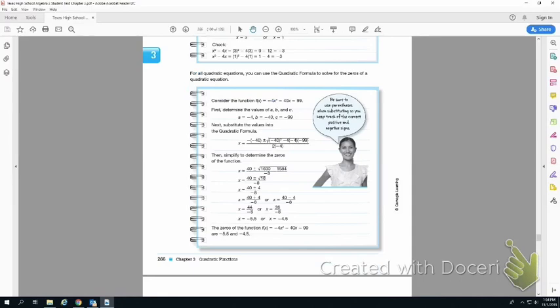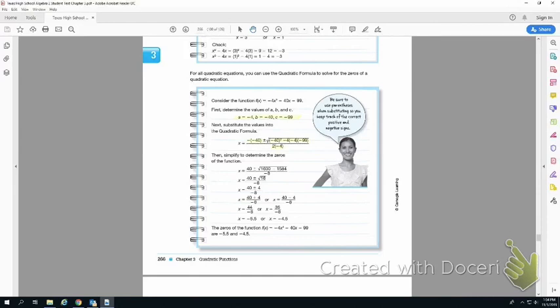Now I want to look at this one down here. I like the way that they go through the actual steps they take. It's very similar to how you're going to see me do it whenever I'm working these. So the very first thing they do is identify the a, b, and c. After that, they plug everything in, and notice how they're putting parentheses around everything. That is especially important if you're putting in a negative number.